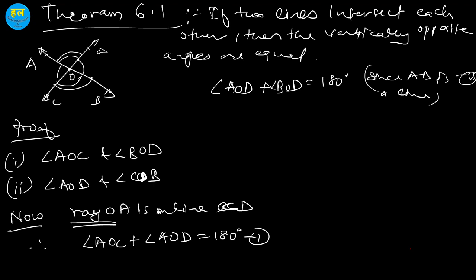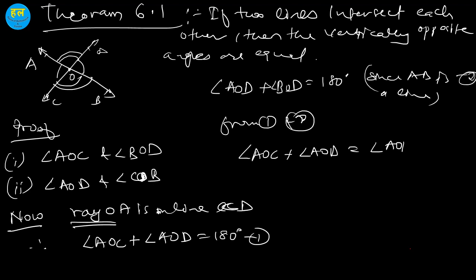Now if we take from 1 and 2, we can write, since both are equal to 180 degrees, therefore they have to be equal. So angle AOC plus angle AOD has to be equal to angle AOD plus angle BOD.